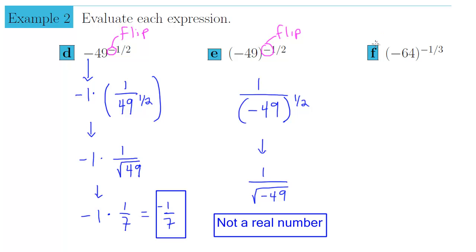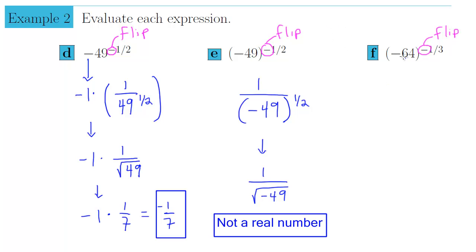So part F is very similar to part E, except instead of a 1/2 power, we have a 1/3 power, which is going to change the type of radical we end up with. But nonetheless, this negative downstairs here is still in parentheses. So the first thing I'm going to do is get rid of my negative exponent by flipping.